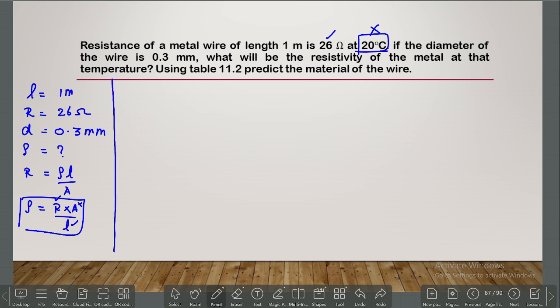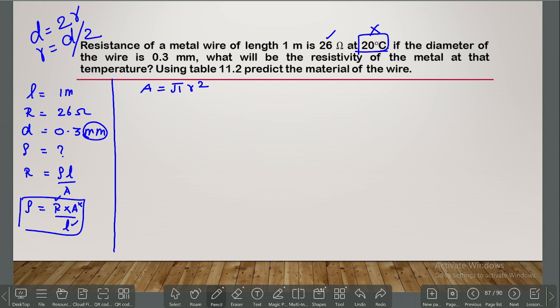In order to find it, we have the formula A equals pi R square. But in the question, instead of the radius they gave only the diameter. We all know diameter is equal to 2 times the radius, so R equals D by 2. But we can't substitute the value directly, because it is given in a smaller unit.